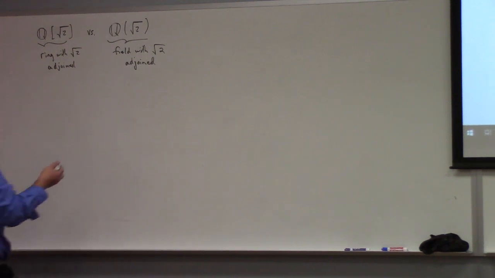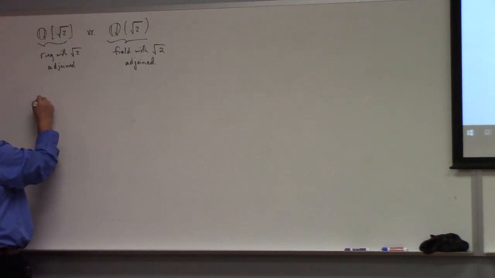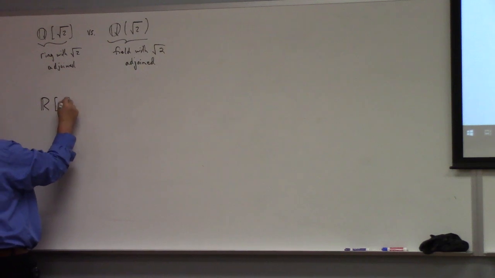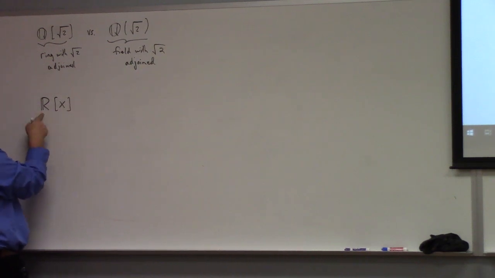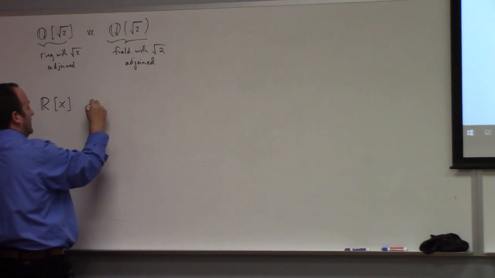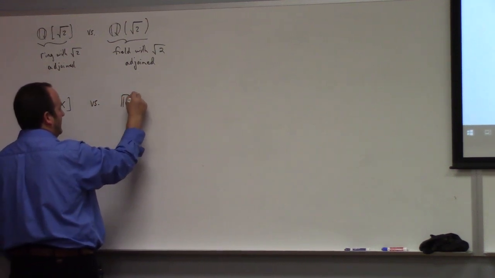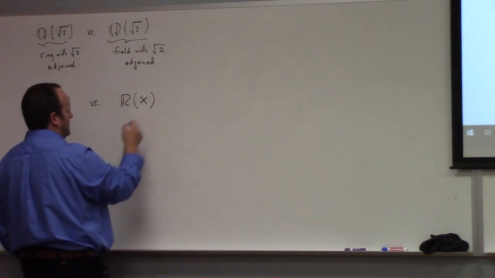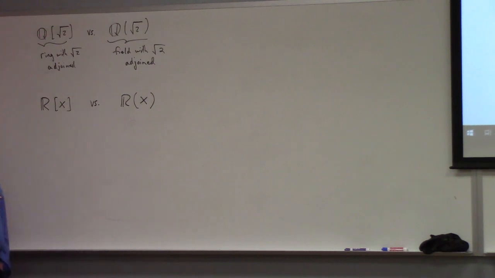It's more exciting if you look at something like this. This is the reals with x adjoined. X being an indeterminate, we recognize these as polynomials. On the other hand, if you have R like this, that's the field which contains the reals and an indeterminate x.